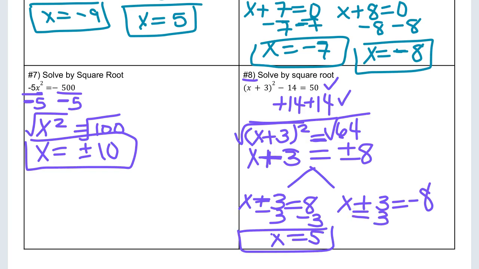Subtract 3 on both sides. Once again, keep in mind that -8 plus -3 is -11, and keep the sign. Those are the solutions for that question.